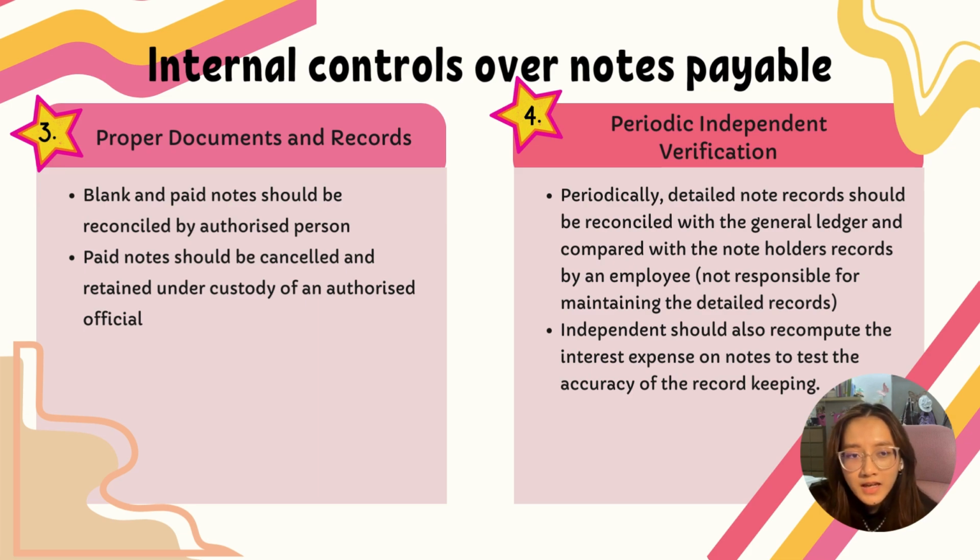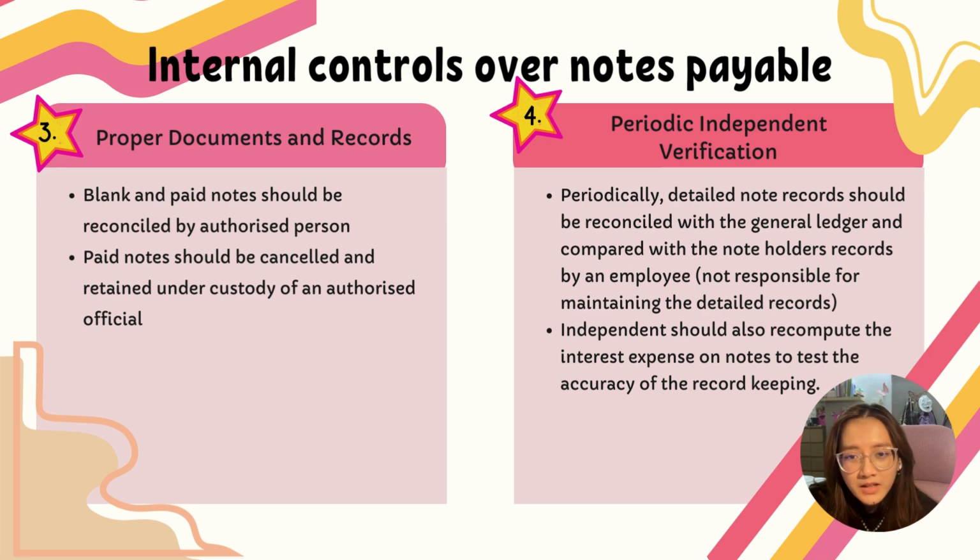This ensures that they are kept in a safe place, protected from unauthorized access or tampering. The authorized official should be someone with an appropriate level of responsibility and trustworthiness within the organization. And for the retention period, the retention period for paid notes should comply with the company's document retention policy and any relevant legal or regulatory requirements.